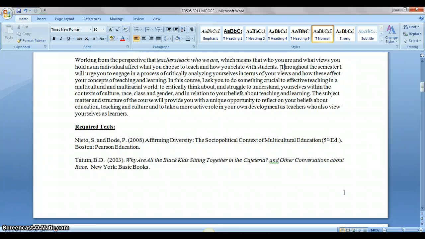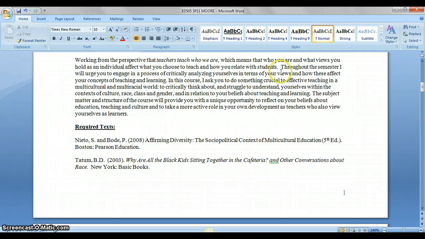In this course, I'm going to ask you to do some critical, effective teaching in a multicultural and multiracial world, not just the world you might have thought you lived in the past. You'll critically think about and struggle to understand yourself within the context of race, class, and gender, in relation to your beliefs. The subject matter and structure of the course will provide you a unique opportunity to reflect on your beliefs about education, teaching, and culture.